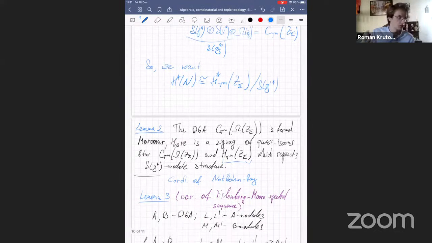So the geometric DGA standing for equivariant homology is formal.